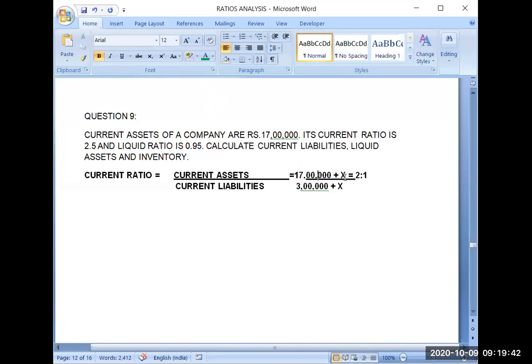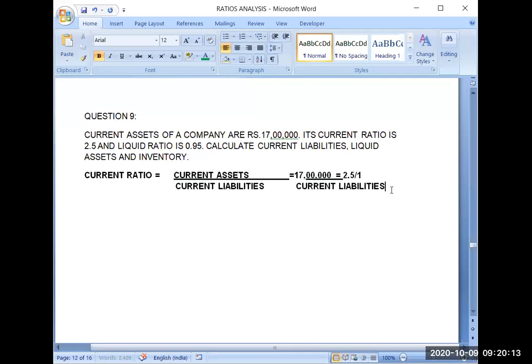And value of current liabilities is not given in this question. So we will simply write here current liabilities. And value is 2.5 ratio 1, or for your convenience you can write it 2.5 upon 1.